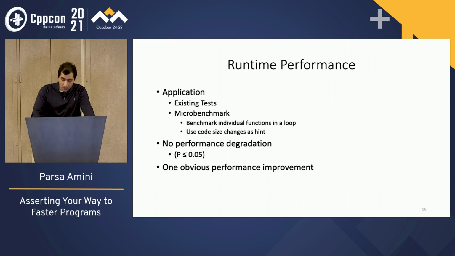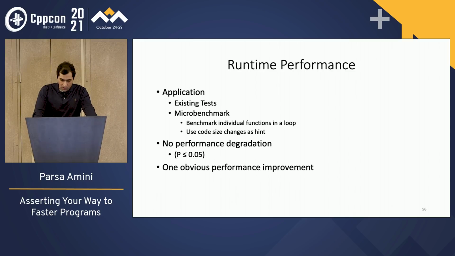Runtime performance. We ran the tests that the BDE libraries come with and saw no performance degradation within a confidence interval of 95%. And it wasn't convincing, so we also decided to take a look at individual functions that were affected, from what we discovered by comparing the function sizes, and develop micro benchmarks to see how those functions perform differently.